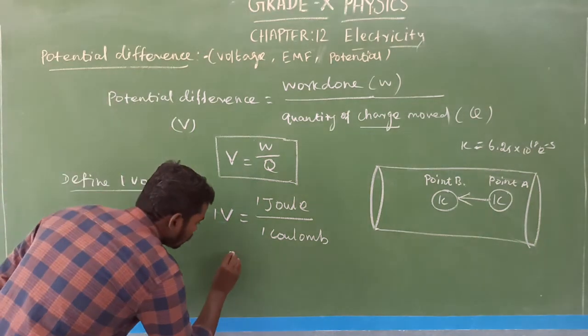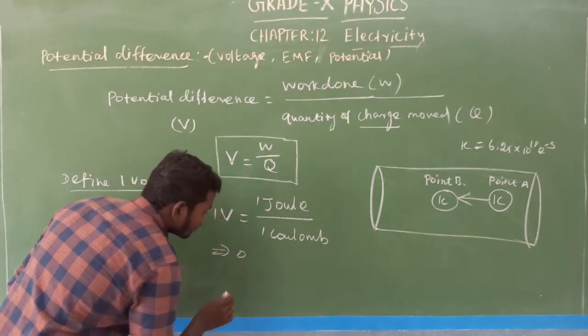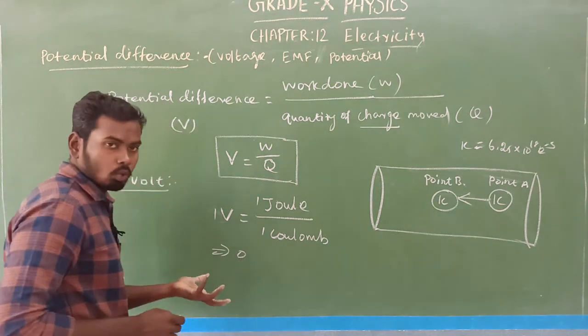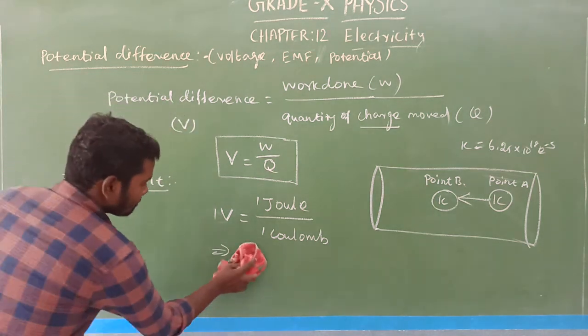Note this point, very easy one. 1 volt means nothing but 1 joule of work done to bring 1 coulomb of charge from one point to another. So 1 joule of potential difference means 1 volt. 1 volt is said to be, I'll write here.